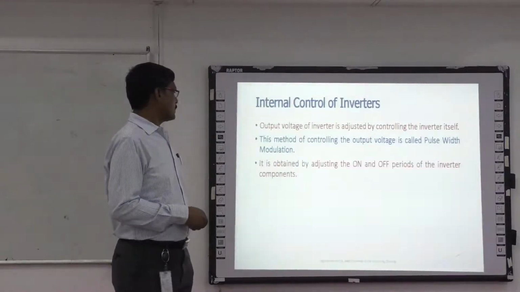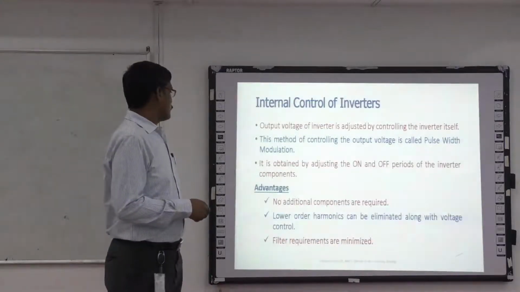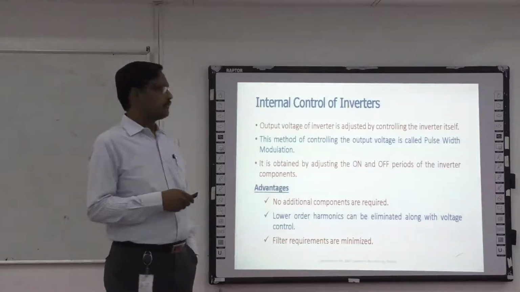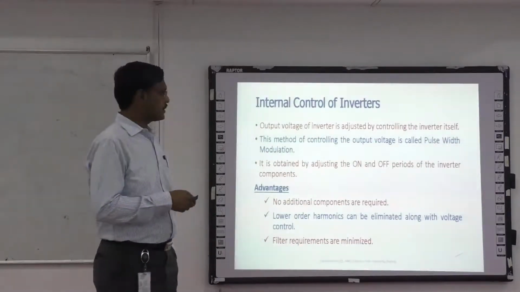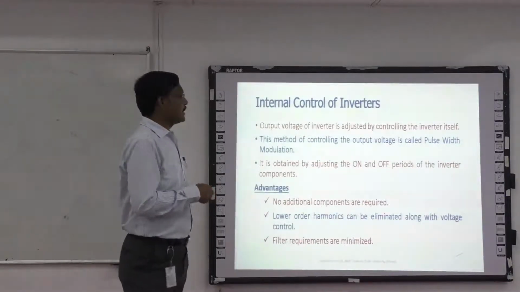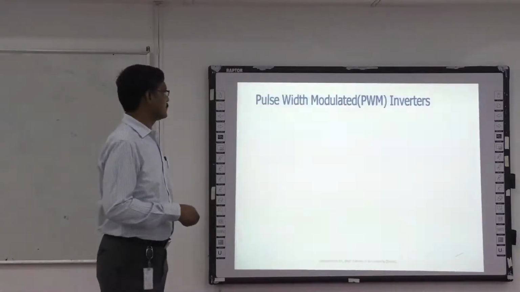This pulse width modulation also controls the frequency of the output. In addition to voltage and frequency control, it is also used for harmonic control. So it has many advantages like this. So we are using the internal control of the inverter by using pulse width modulation techniques.